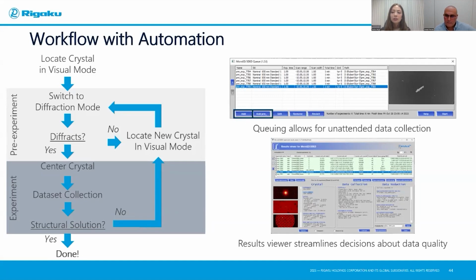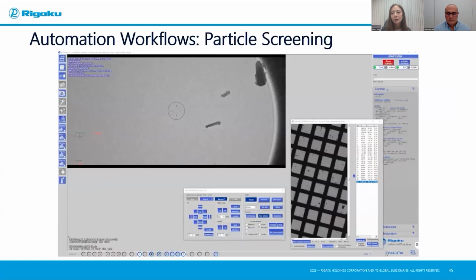We use these two in tandem to allow for collection of large volumes of data in an automated way with queuing. And finally, we can streamline our decisions about data quality, particularly after we run automated processing like AutoChem, and look at that on our results viewer. So we'll walk through this process now.